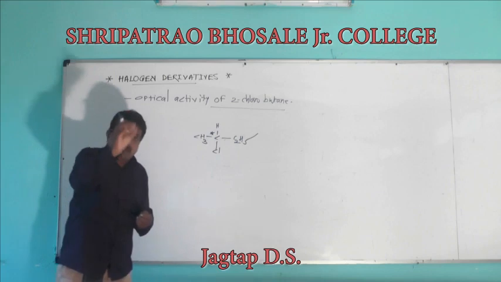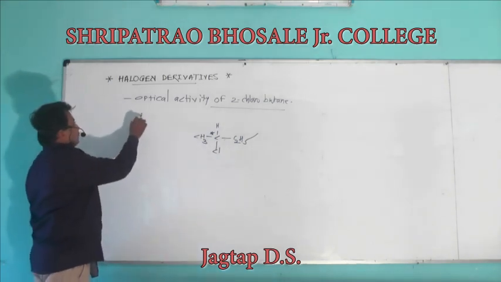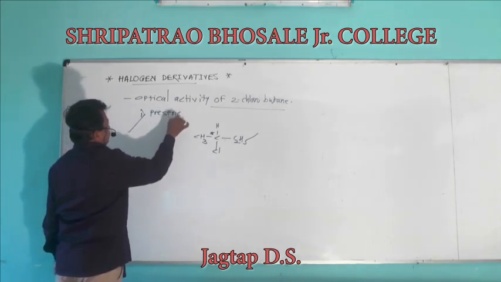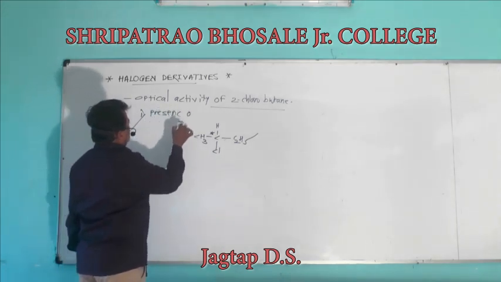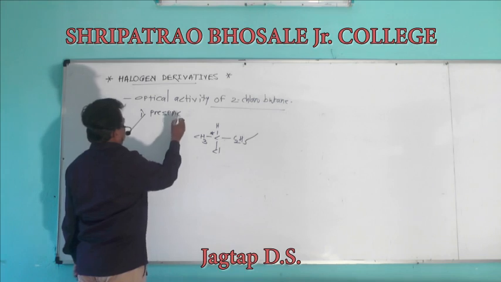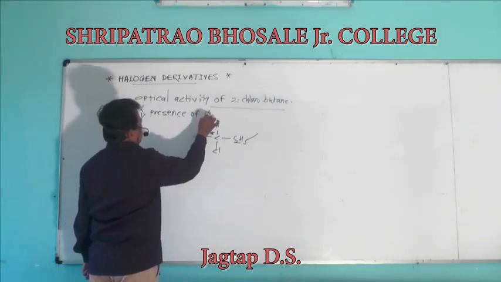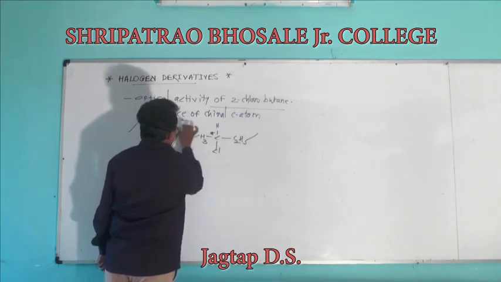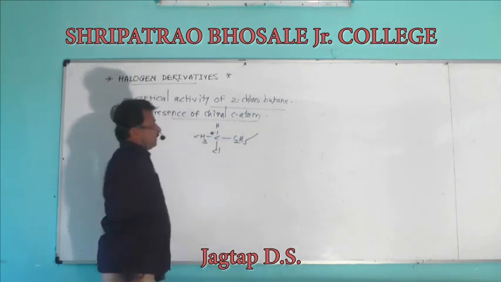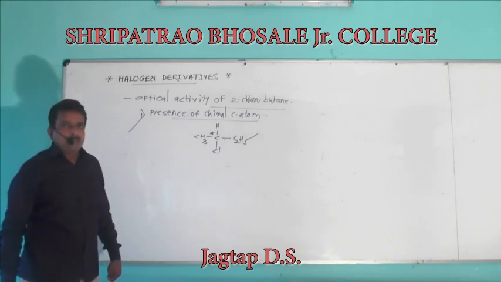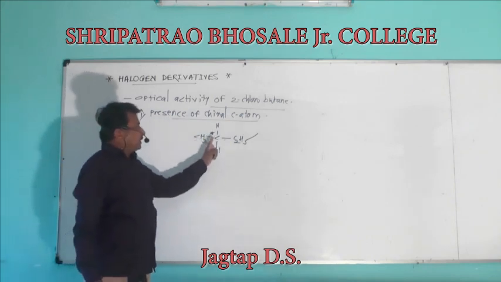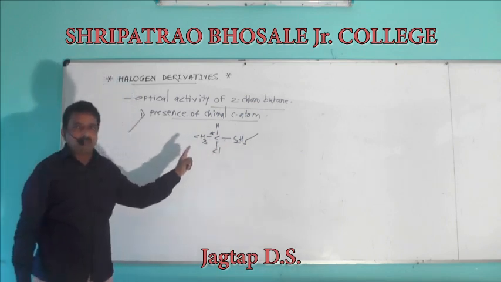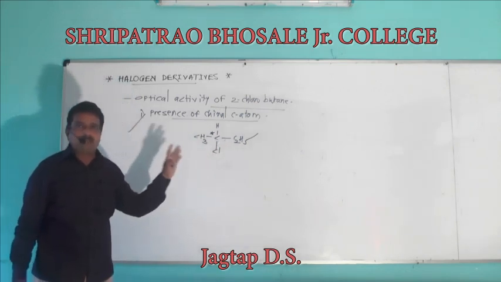So the presence of a chiral carbon atom, or asymmetric carbon atom, makes such compounds optically active.